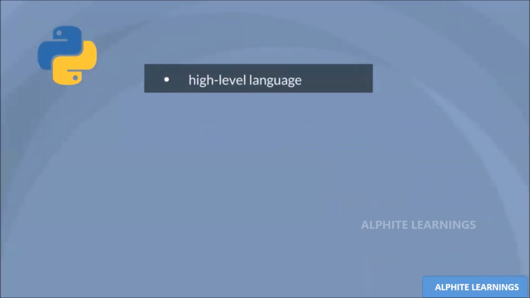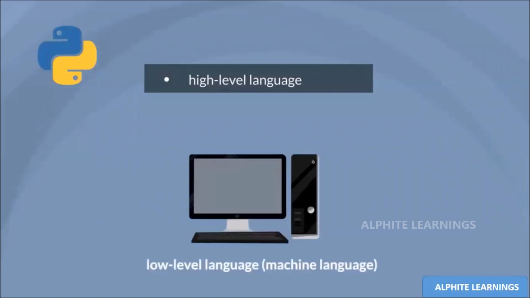Moving on to the high level language. As I said, computers work on binaries, ones and zeros. Those are called low level languages. High level languages are human readable; a human can easily read and develop things, not in ones and zeros.